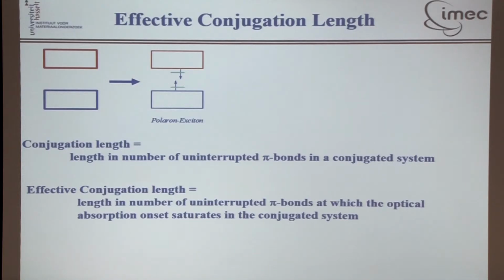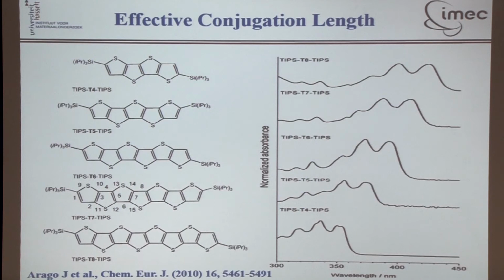Now, as I mentioned, this difference is quite often attributed to differences in conformation, that you have torsion angles, that the system is not totally flat. The different repeating units don't interact perfectly. Okay, here you see a kind of counter-example.